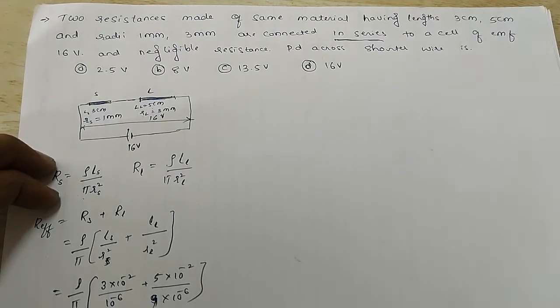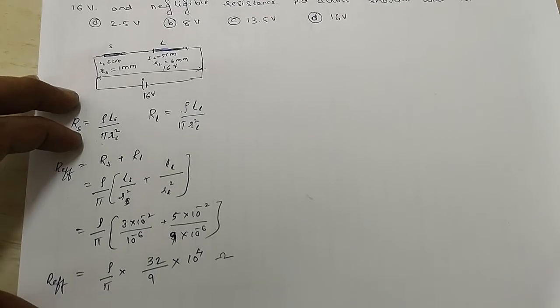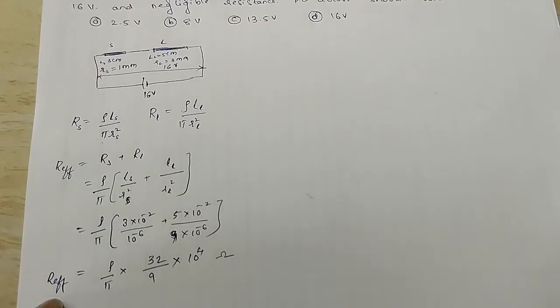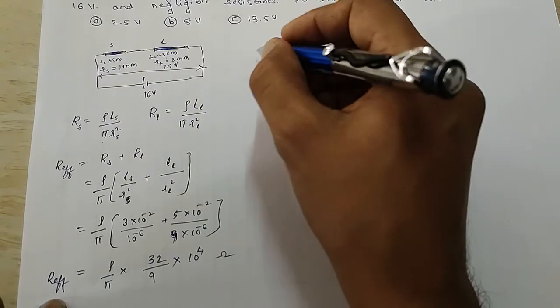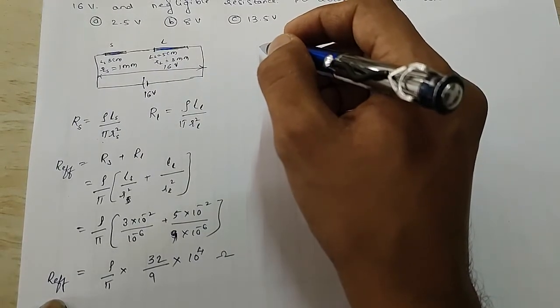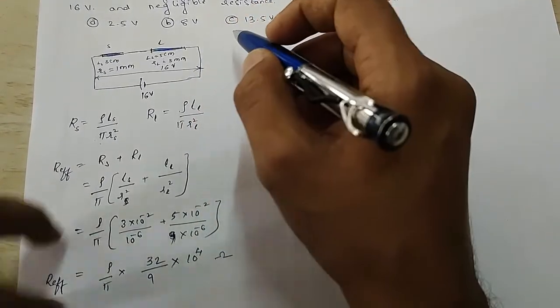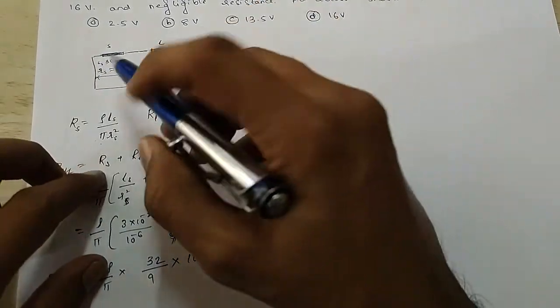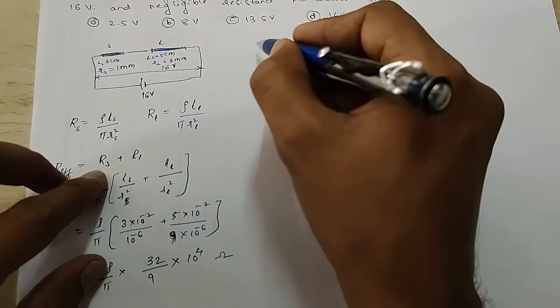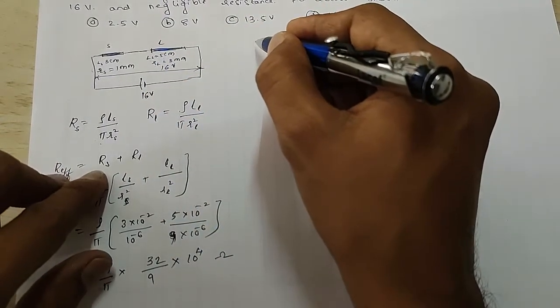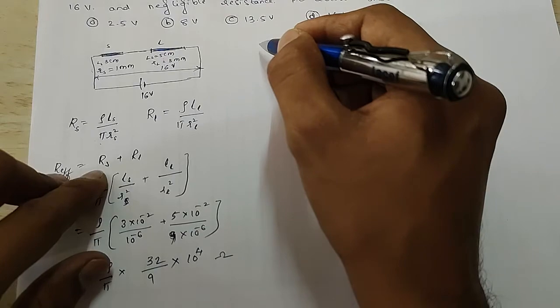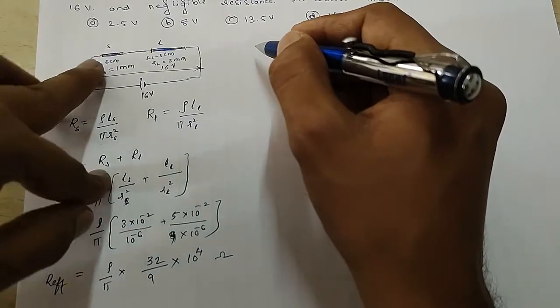Now, we have to calculate the potential difference across the shorter wire, but the current flowing across these two wires is the same, hence first we will calculate the current flowing across the circuit.